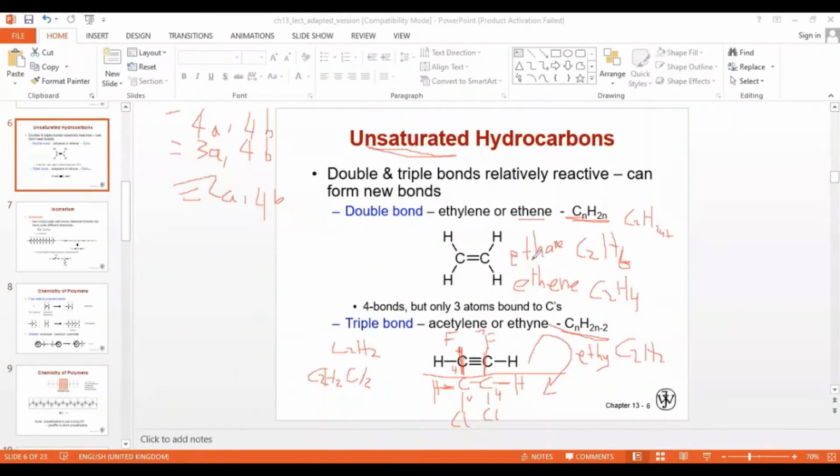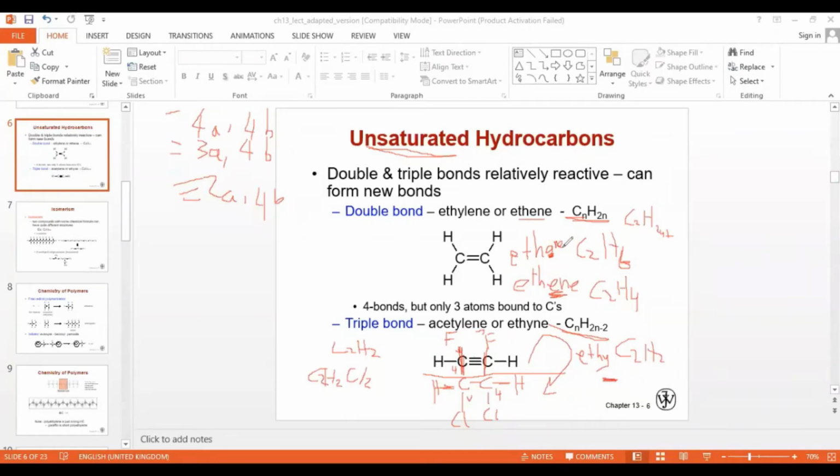And while naming, you see this is ethane, E-T-H-A-N-E. Only one letter is different, right? And this one, C2H4, is known as ethene, E-T-H-E-N-E. Only the fourth letter is changed, but that's a complete change of the structure. And the third one, CnH2n minus 2, is ethyne.